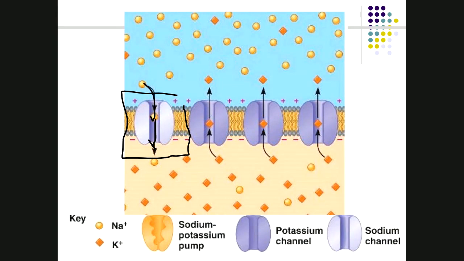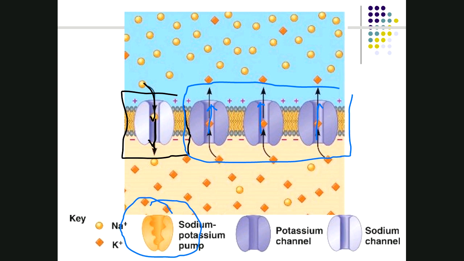But I also have these potassium leak channels, and they're right here. And so potassium is going to leak back out. But as soon as that happens, the pump is going to reverse the whole thing. It's going to pump the sodium back out and pump the potassium back in.